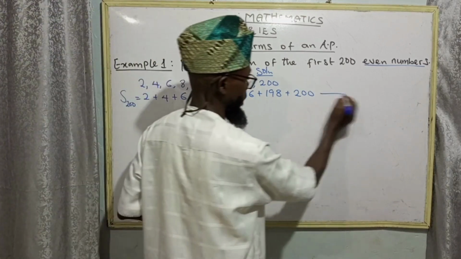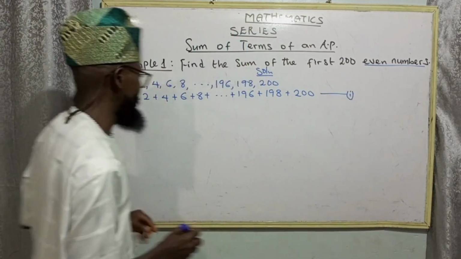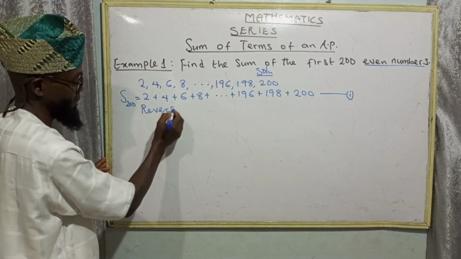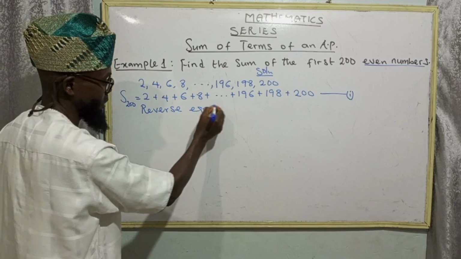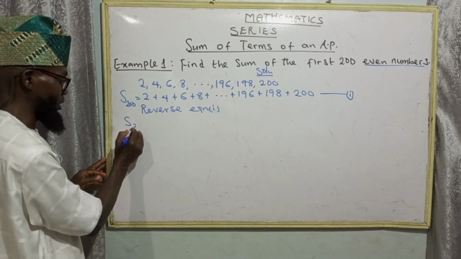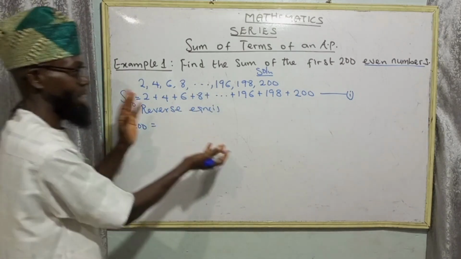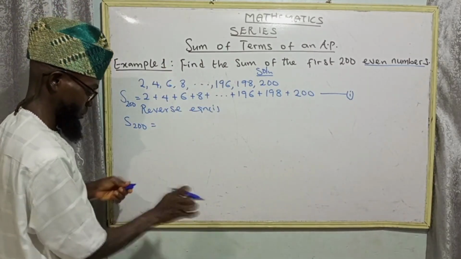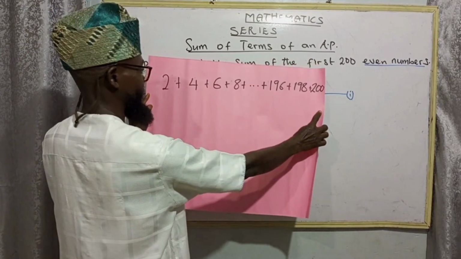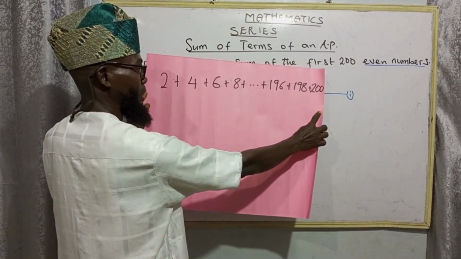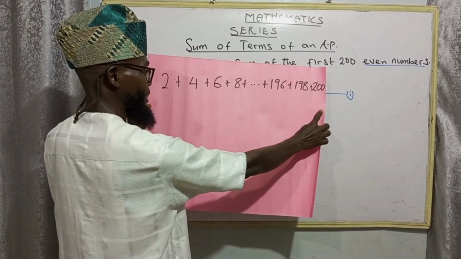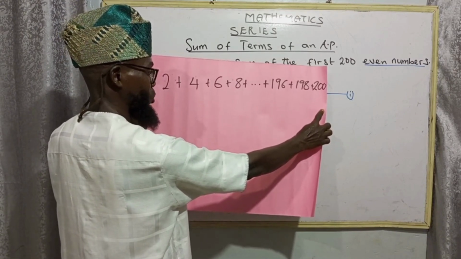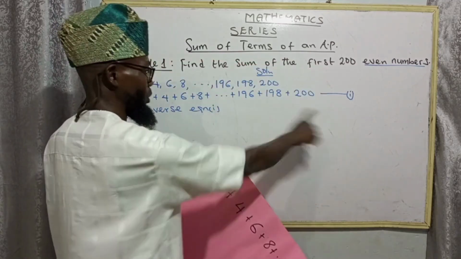Call this one equation 1. Let's reverse equation 1. We are going to have S200, that is the sum. When I reverse this way, 200 will come forward. So let's look at this series: 2 plus 4 plus 6 plus 8 and so on, plus 196 plus 198 plus 200. That is our equation 1.